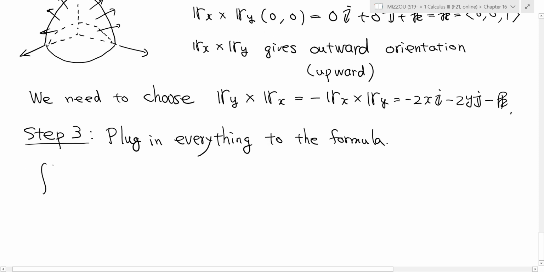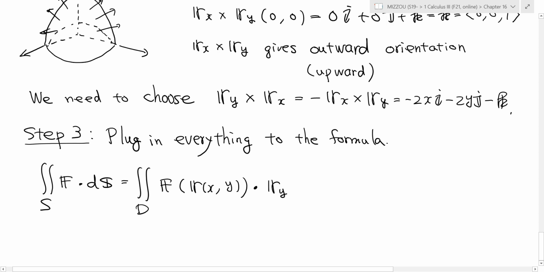So the formula says the integral of F dot dS is equal to the double integral of F of, you plug in the parameterization to the vector field you integrate, dot ry cross rx. Remember, we use this one. So we have this here, and dx dy. And remember, our F of x, y, z is given as y, x, z.